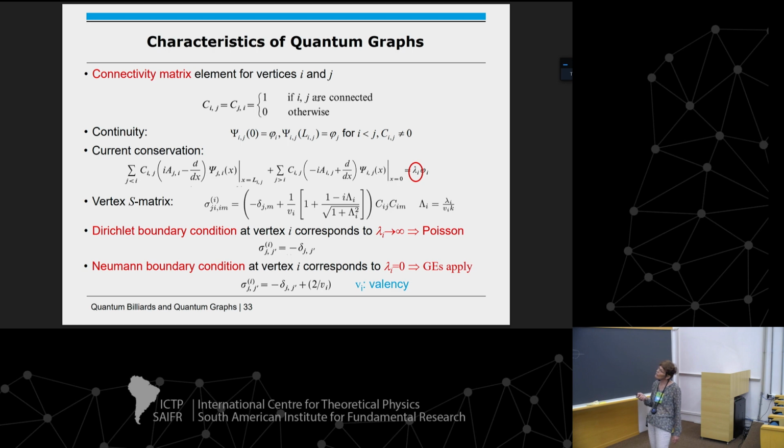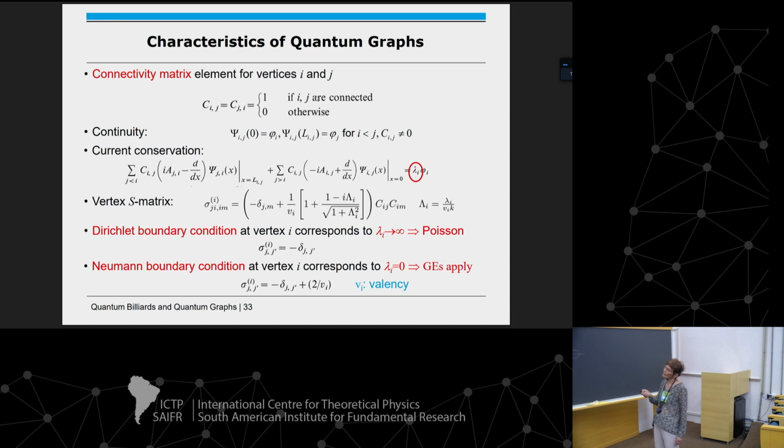Usually we are more interested in Neumann boundary conditions, because such graphs can be realized experimentally very easily using coax cables and commercial joints. This corresponds to lambda I equal to 0. Then you can show that you will get the results of the Gaussian ensembles, depending on whether you turn on a magnetic field or not. The vertex matrix is then very simple.